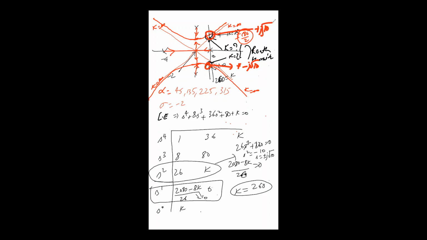I will again draw the root locus. We have calculated all the points, so I will just rub it and draw the whole root locus again. One of my poles is at origin, another pole is at minus 4.